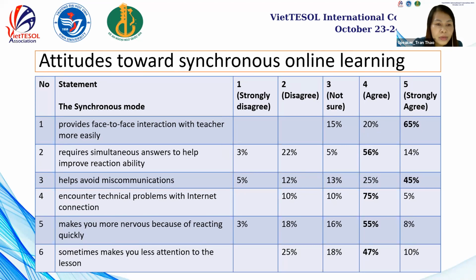And here we have three other points in this table. The first mentions the disadvantages of synchronous online learning. The first one, point number 4: synchronous mode encounters technical problems with internet connection. You can see 80% of the participants in this study agree that they have technical problems with internet connection.